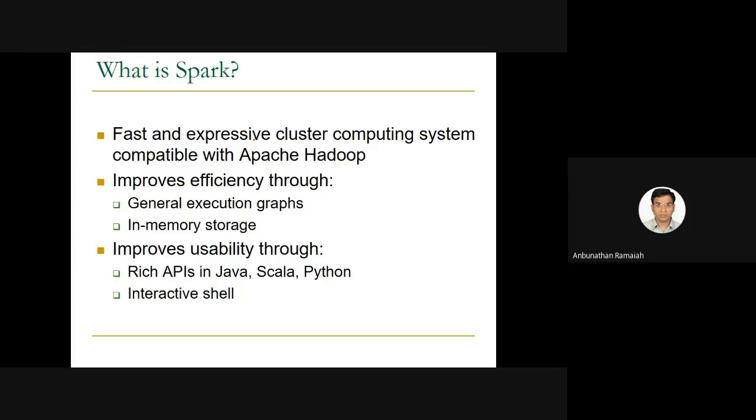A fast and expressive cluster computing system compatible with Apache Hadoop. From Hadoop only we got Spark also. It improves efficiency through general execution graphs and in-memory storage, and improves usability through rich APIs in Java, Scala, and Python. So these three languages are used for big data analytics. Interactive shell is also there.